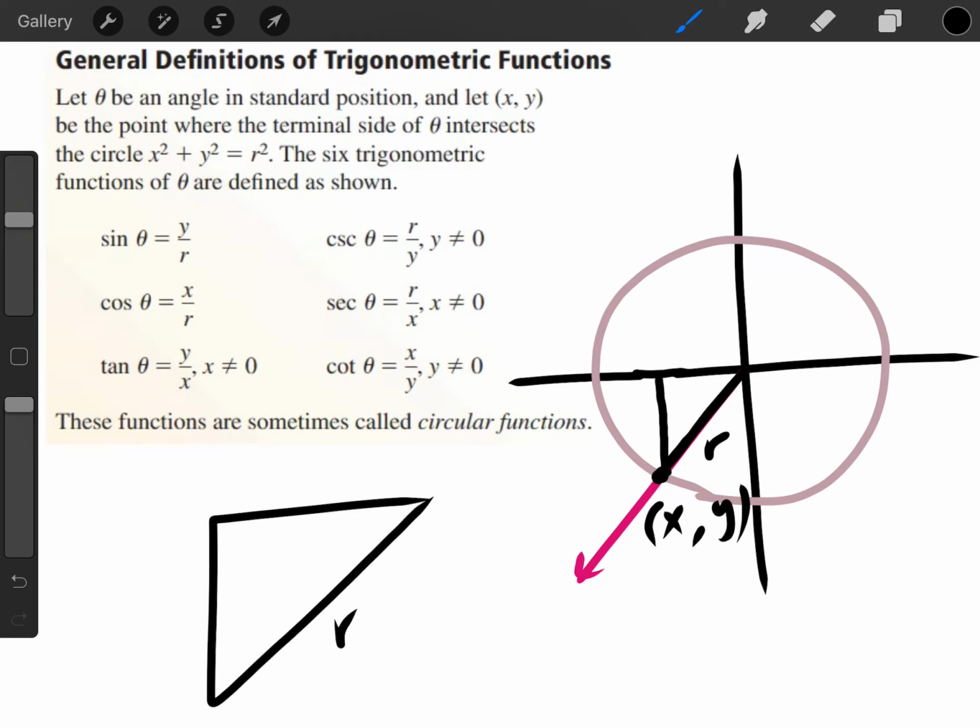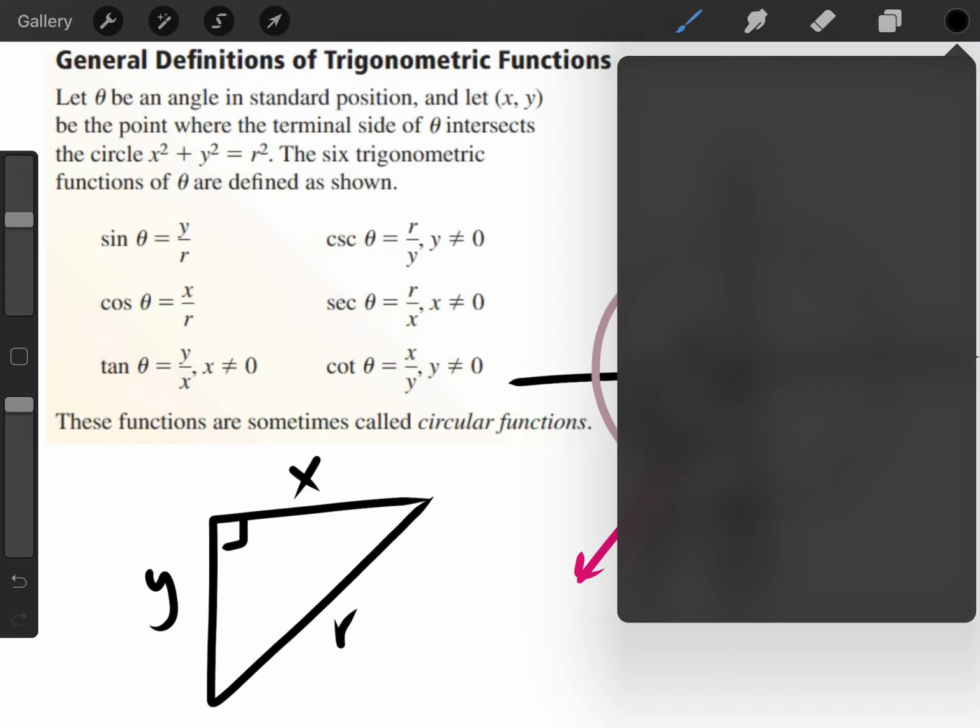The x coordinate given is basically going to be the value of this horizontal line on the right triangle, and then the y value is basically going to be the vertical side of this right triangle.